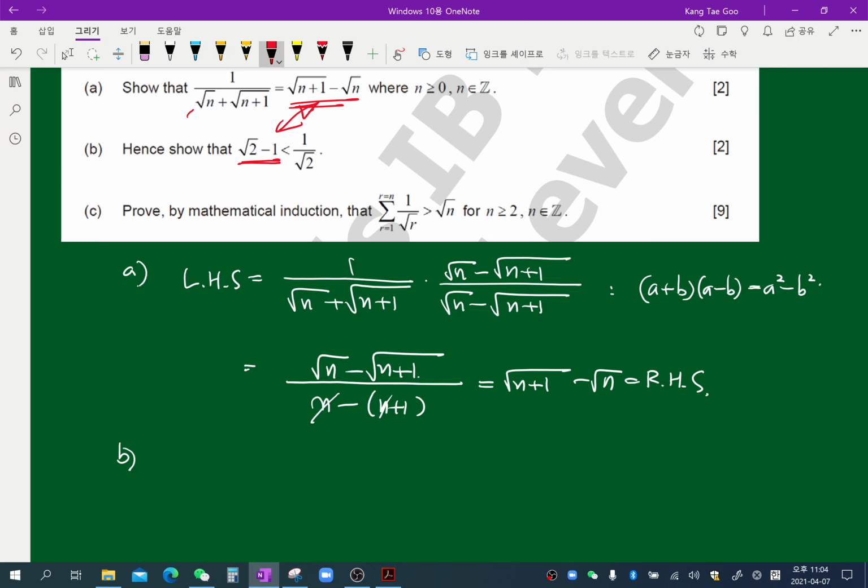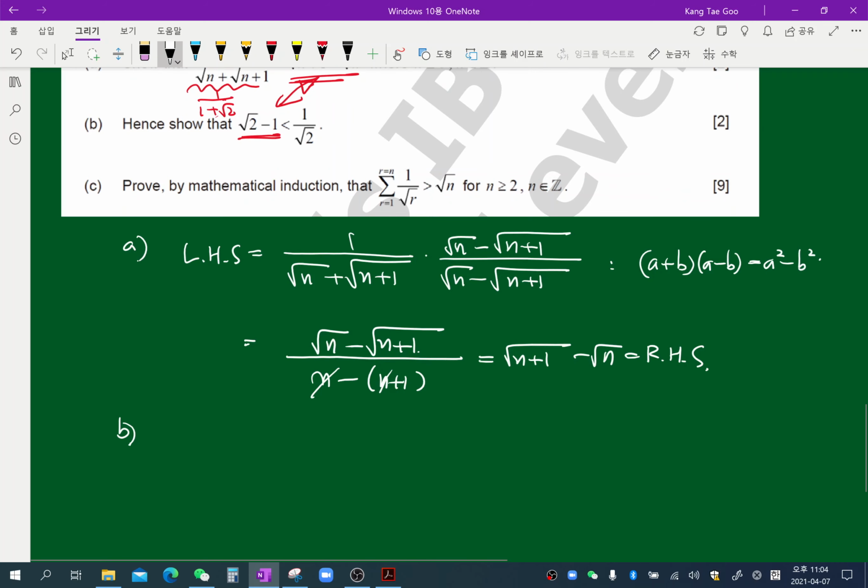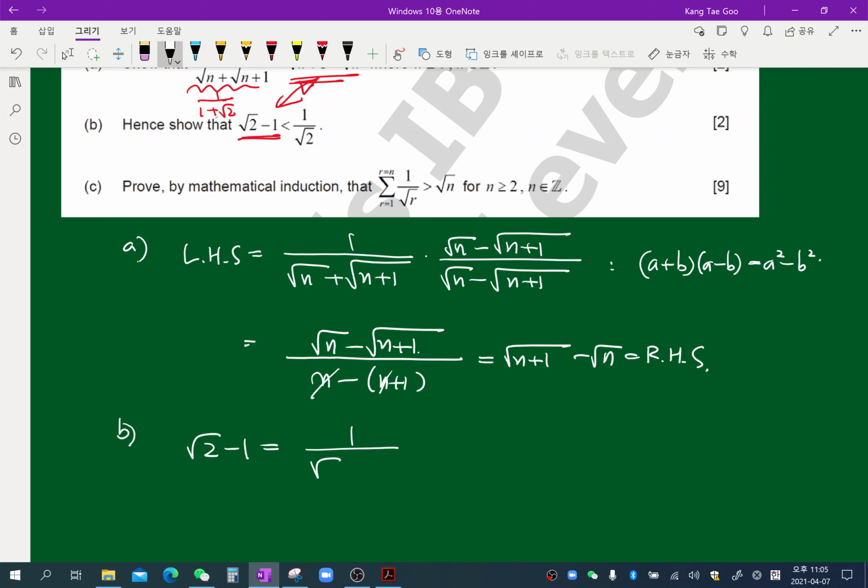Then what is the same form of this here? That is 1 over 1 plus square root 2, right? And this is smaller than 1 over square root 2. That's what we can prove. So square root 2 minus 1 is the same as 1 over square root 2 plus square root of 1, by question A.